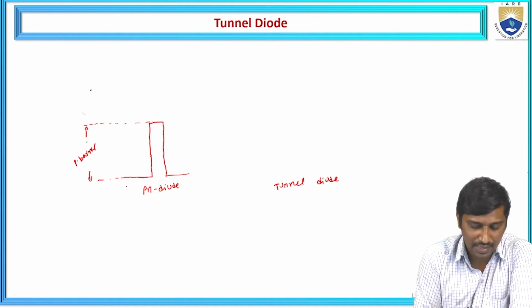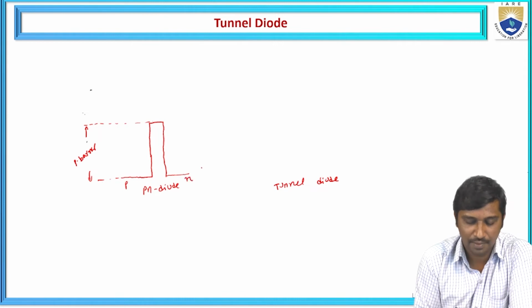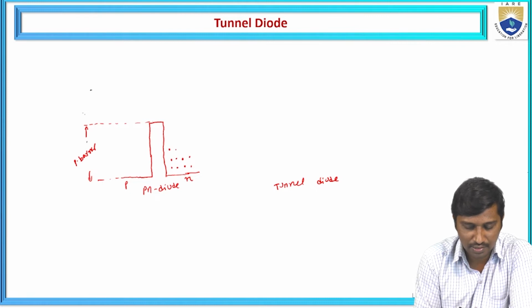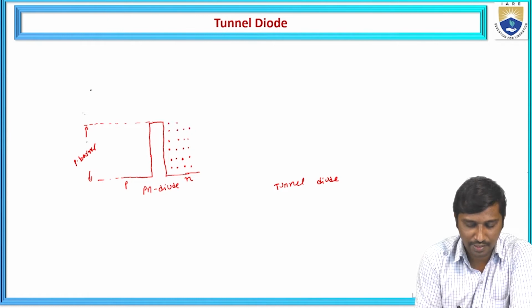Let us take this as the P side and the N side, in a normal PN junction diode. And we know that on the N side, the majority charge carriers are electrons. So let us take these as the electrons available on the N side.